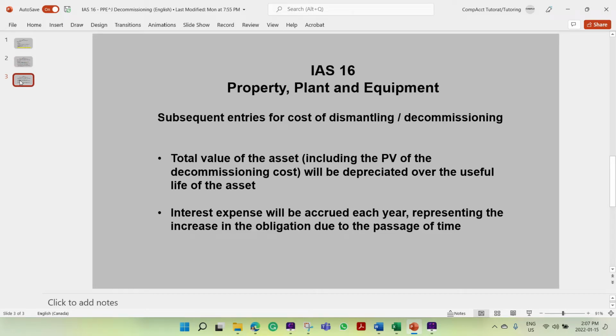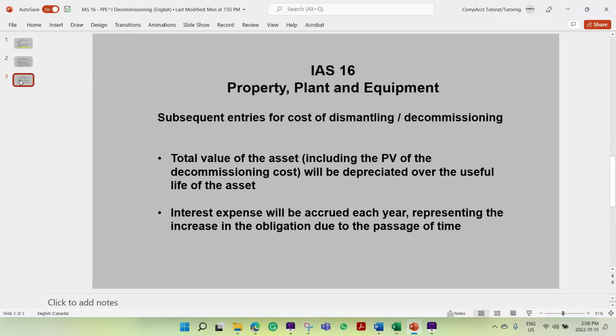And then as far as the subsequent entries for the cost of decommissioning, the first part is pretty straightforward. You got to depreciate the asset over the useful life, but make sure that you include the present value of the decommissioning cost. Okay, so those costs have to be included. The second part, a little bit more difficult to visualize, is an interest expense charge that's being accrued each year, which represents the increase in the obligation due to the passage of time.